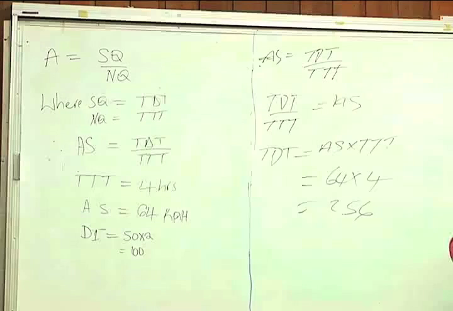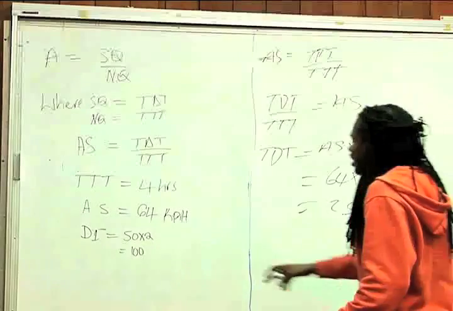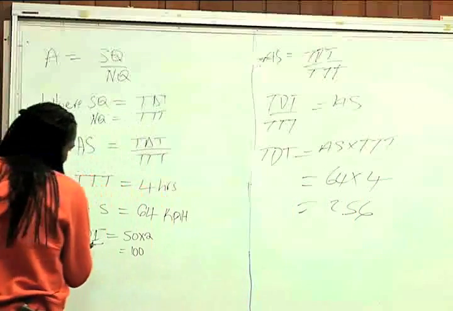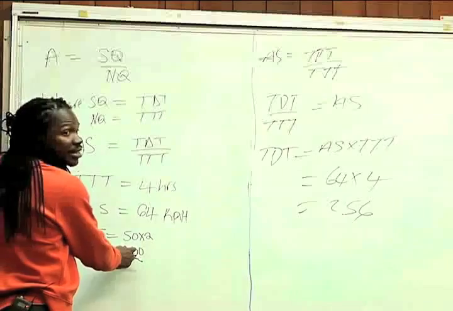How many different types of distance did he travel? 2 different types of distance. The question says that for distance 1 he traveled for 2 hours at 50 per hour. So the total distance traveled in distance 1 is 100.